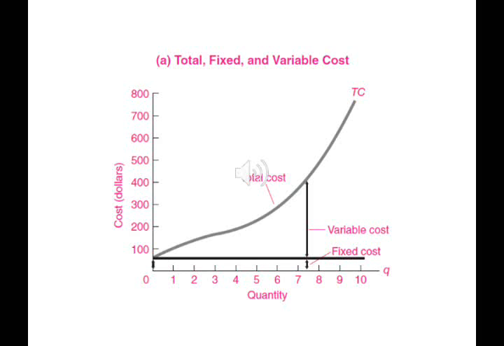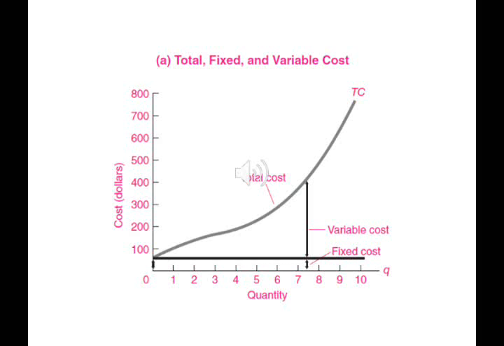So let's start with the fixed cost. As we agreed previously, fixed cost is a cost that is fixed no matter the level of output. And in our example, it was 55. That's why we are going to put it on this graph as a horizontal line at 55.